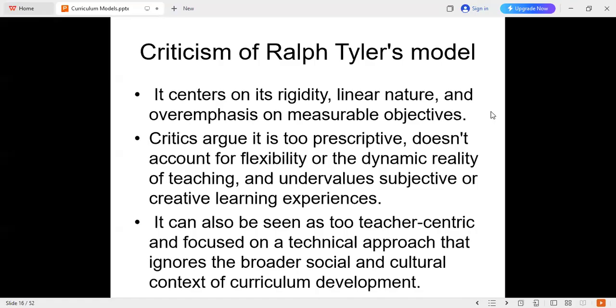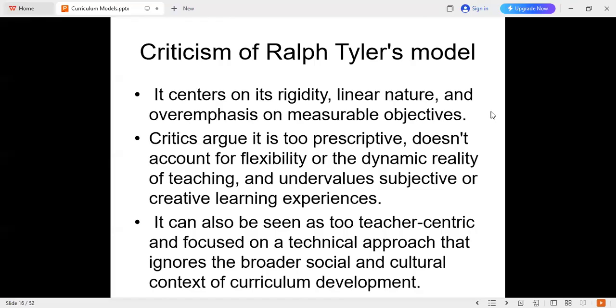We can see here that the criticism centers on its rigidity, linear nature, and overemphasis on measurable objectives.